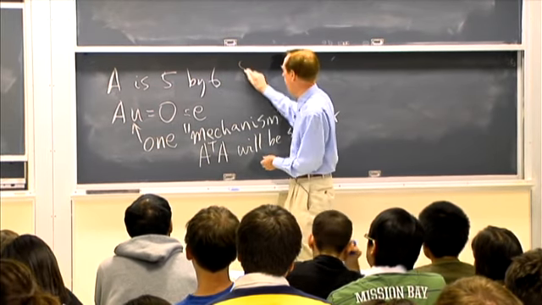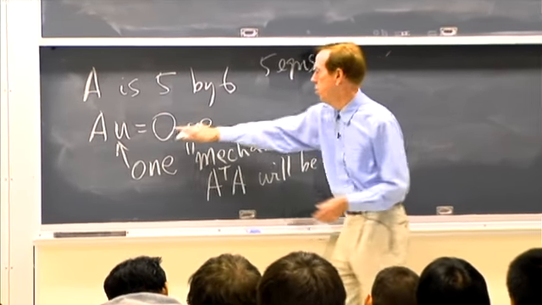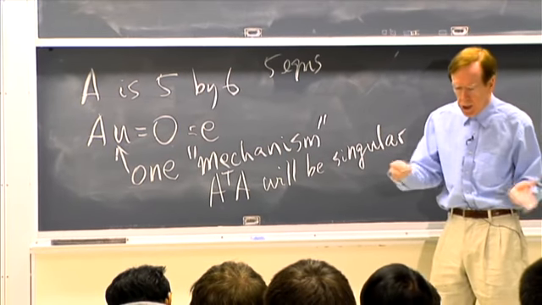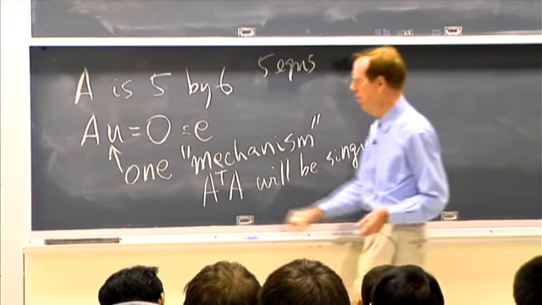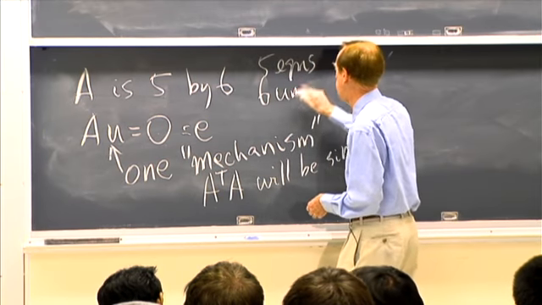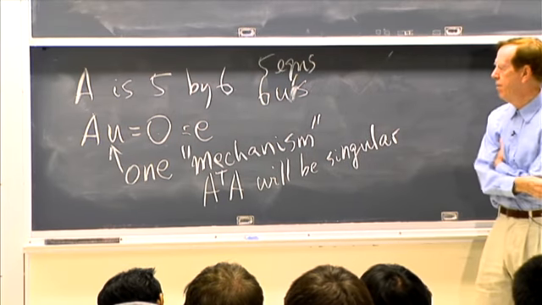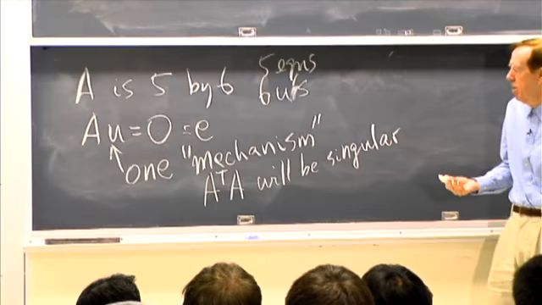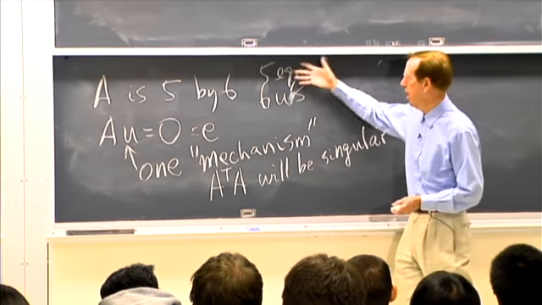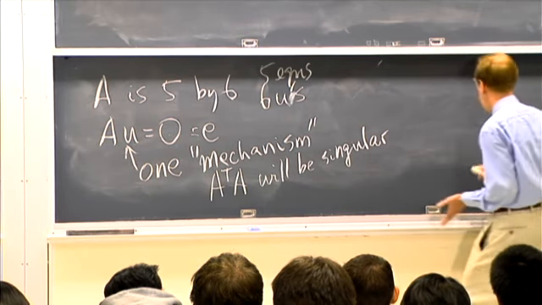Anytime you have 5 homogeneous equations, whatever you want to say, when it's 0 on the right, and 6 unknowns, 6 U's, then you're going to have a solution. You can't help it. You've got that many degrees of freedom, you've only got that many constraints, there's going to be a solution.